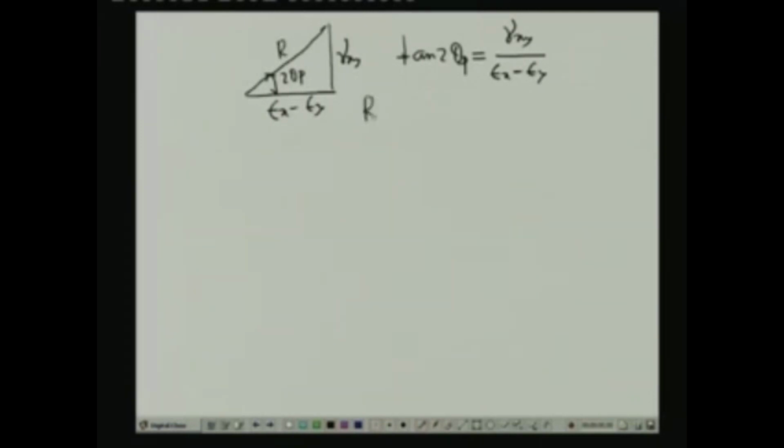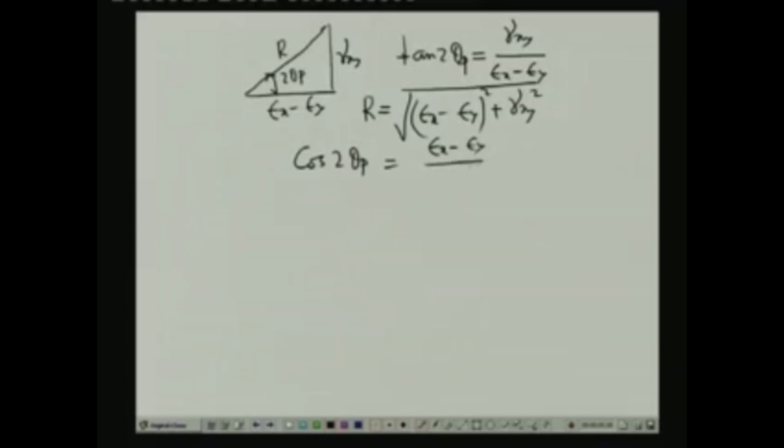So r is nothing but the root of epsilon x minus epsilon y square plus gamma xy square. So cos of 2 theta p is equal to epsilon x minus epsilon y by r, and sine of 2 theta p is equal to gamma xy by r.